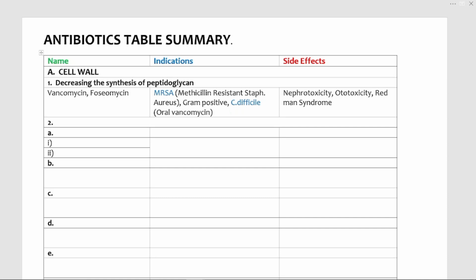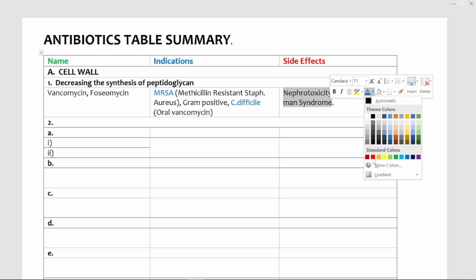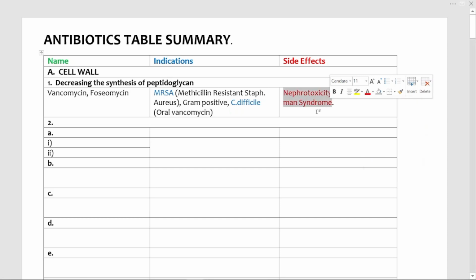That's why we always advise those administering this drug not to administer it rapidly, because when you give it rapidly, it may manifest with Redman syndrome. So those are some of the common side effects of vancomycin. I hope you're together.